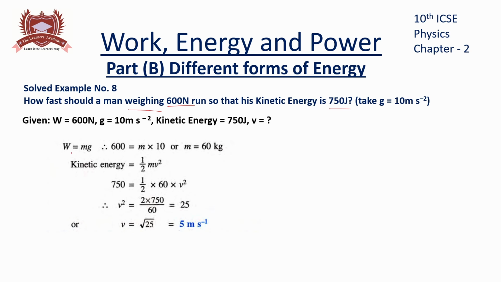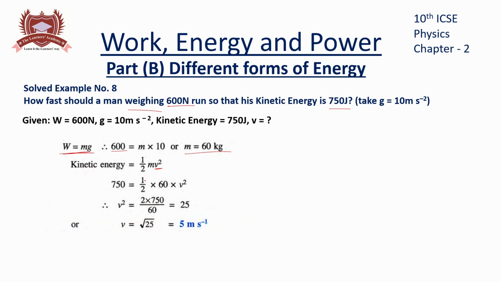Now we know that weight is equal to mg. So first we find the mass of the person. So weight 600 is equal to m times g, or we can say that the mass of the man is 60 kilograms. His weight was 600 newtons. So we have the value of m, and we need to find the value of velocity.